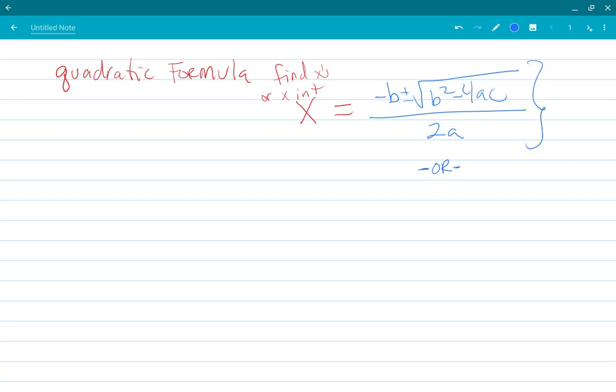This is one fraction. I like to do it in two fractions because it's like a bite size. They're the same. Two fractions, so it's like two parts.